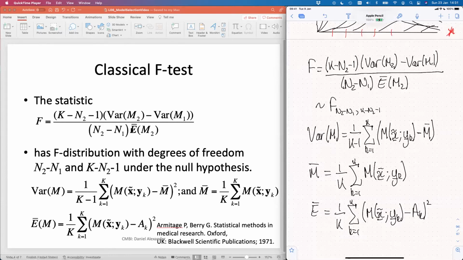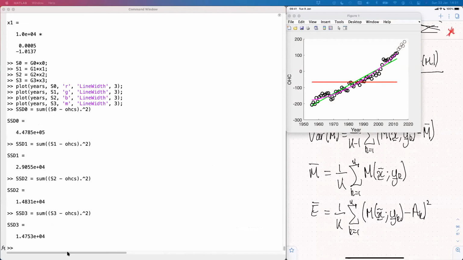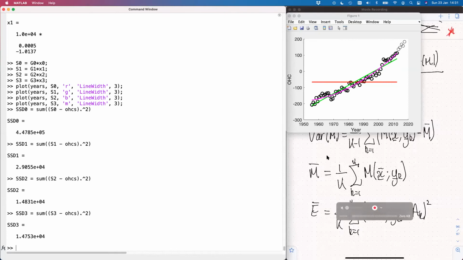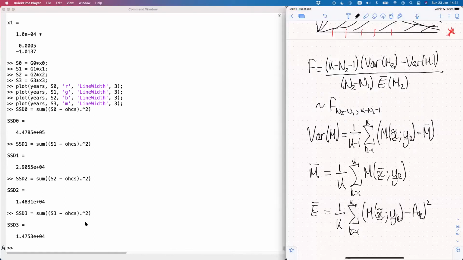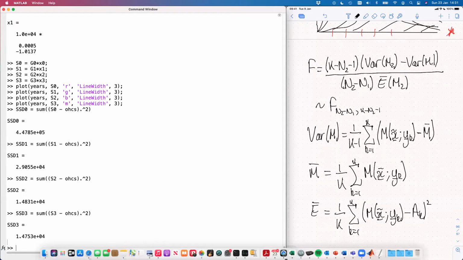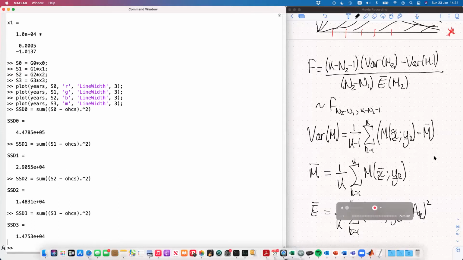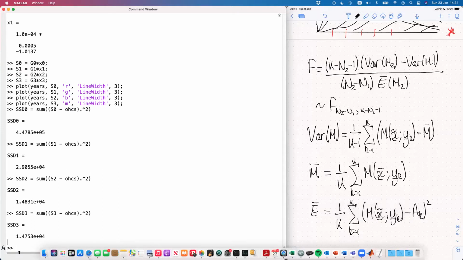Okay, so now we've written that down, I'm going to go back to MATLAB and we will run this test for the models that we have just fitted to our ocean data. So first thing to do is I'm going to compute these means here so that I can compute the variances in the numerator of the F statistic.